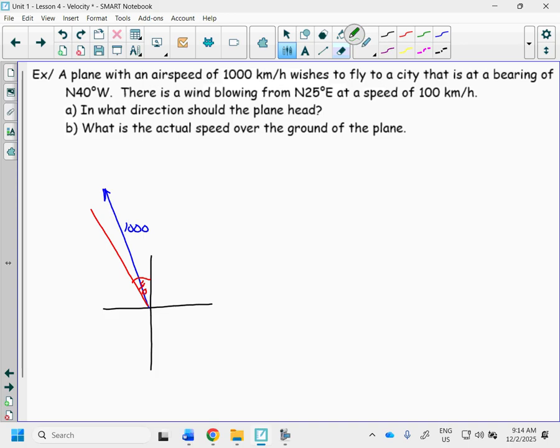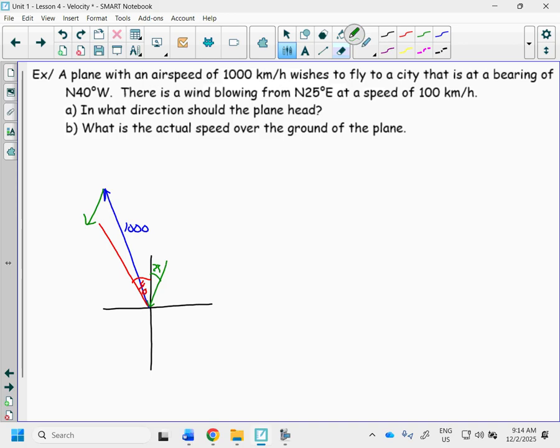So the wind is actually going this way. It's 25. So at the top here, if I add that to the top of my diagram, make this guy a little shorter so to make it look reasonable. It looks like north 25 east. I think that looks reasonable.